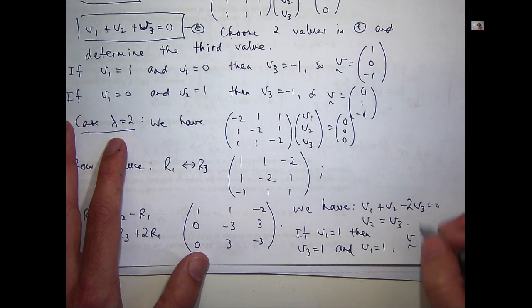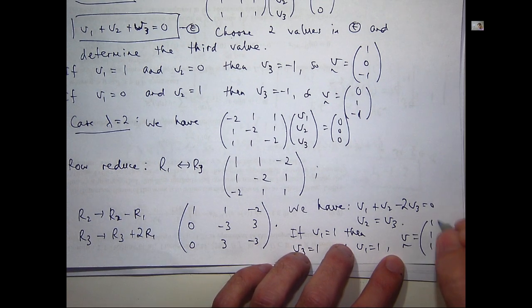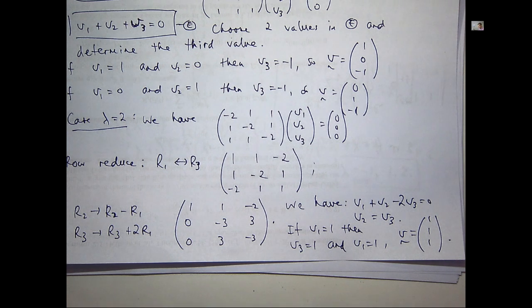So I'm just squishing it in here. My eigenvector will be 1, 1, 1. Okay, so they are the corresponding eigenvectors associated with the eigenvalues.